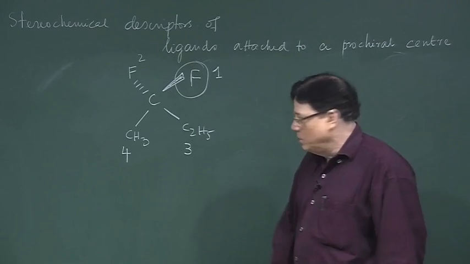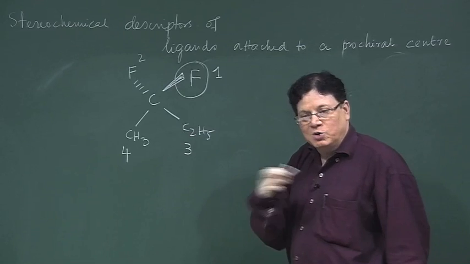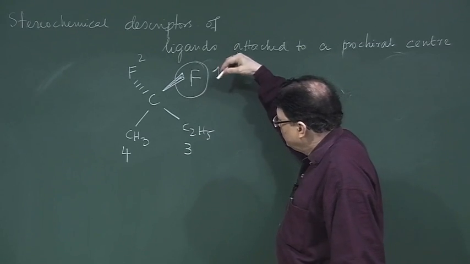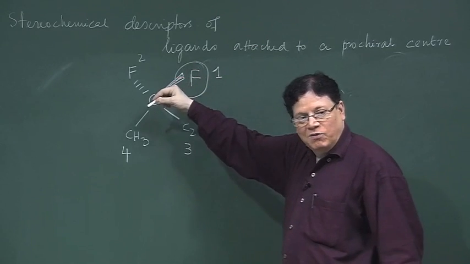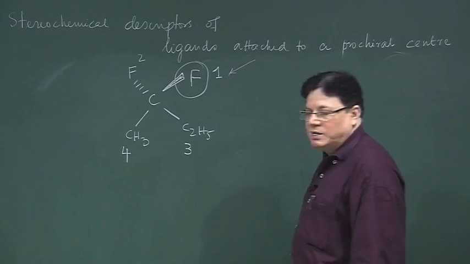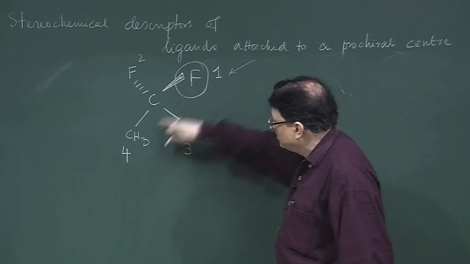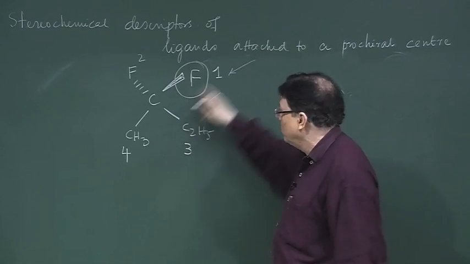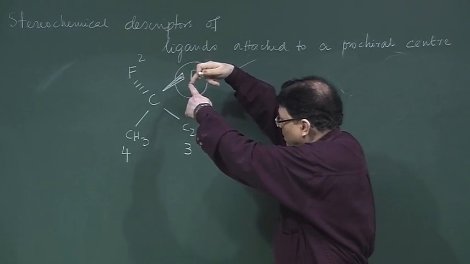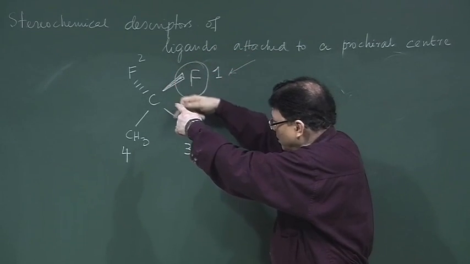Now, again I tell you, you can convert it into Fischer projection and do it, that is one way, or if you are very good at figuring out from the wedge formula, you can do that. For the sake of time, I look from this side, because I should look from the opposite side of the 4. So, if I look from this side, this is 1, then it goes to 2 and then comes back to 3.